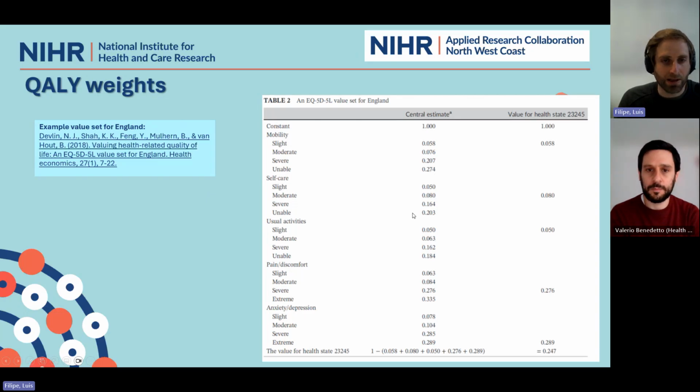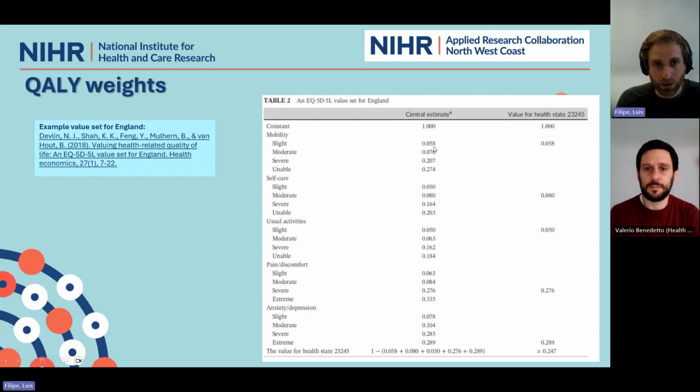Look, there's not a minus in here, but these are all negative. So there could be a minus in here, so they are negative. And you can see that having slight problems of mobility gives this number. Again, it doesn't matter, the overall number. In here it kind of does because we are making it in percentage, but it could be twice. We can multiply it by 2, 3, 4, it doesn't matter.